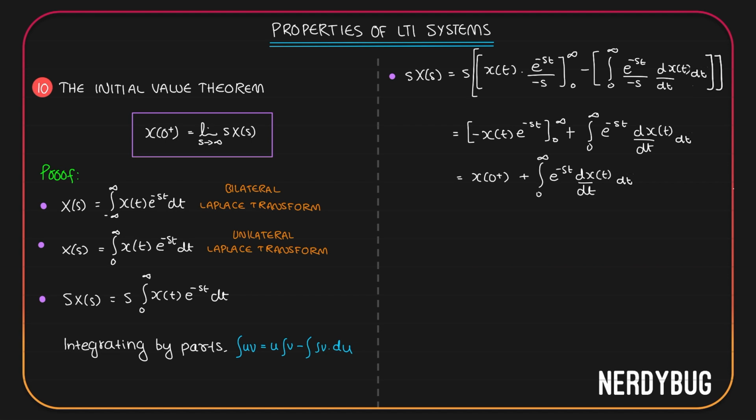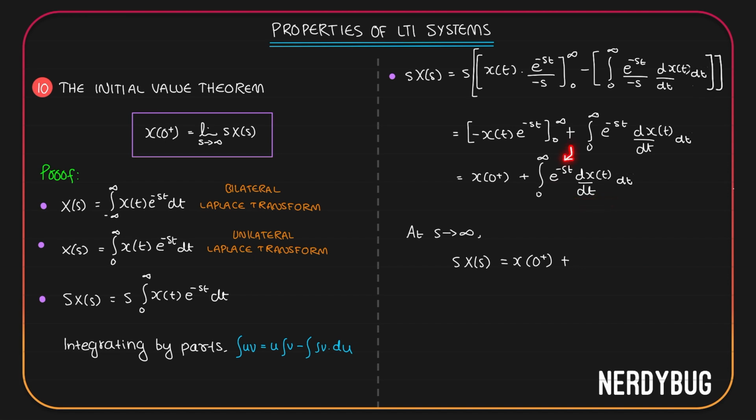Now consider s tends to infinity. Then sX(s) becomes x(0+) plus the next term, integral 0 to infinity e raised to minus st d/dt of x(t).